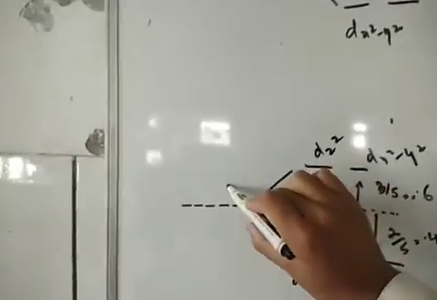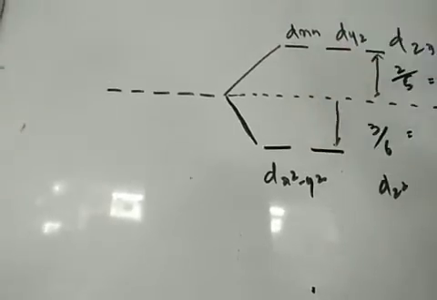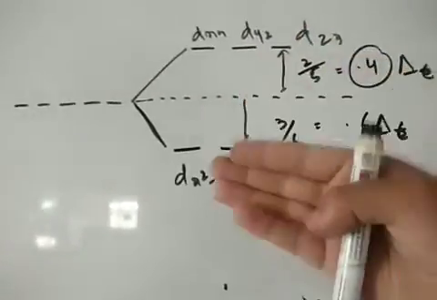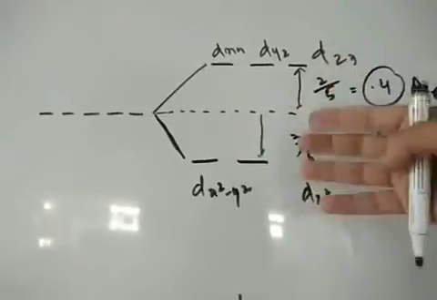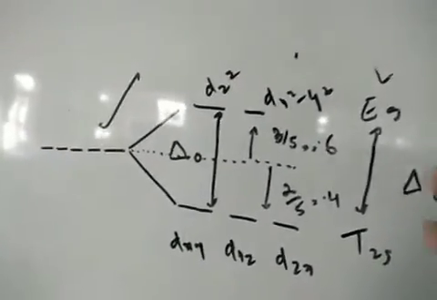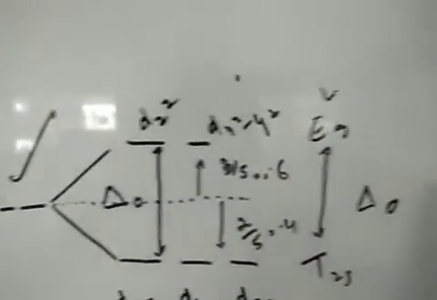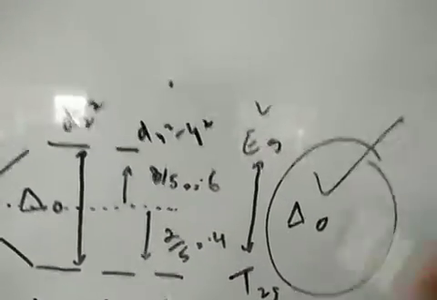Since the number of ligands is more in the case of octahedral complexes, the splitting is more, while in tetrahedral complexes there are only 4 ligands, so the splitting is less. Since the orientation factor is also there, because of the orientation factor and the number of ligands overall, the crystal field splitting is more in octahedral complexes.